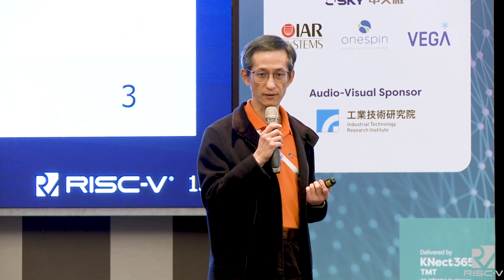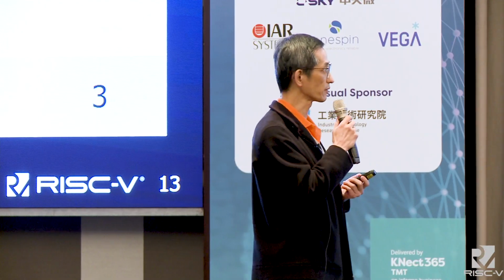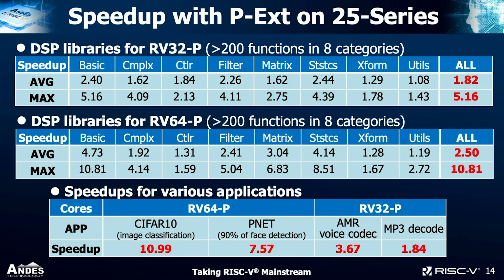So how do those instructions help your application? For DSP, we developed and optimized a so-called DSP library for both RV32 and RV64. And they have over 200 functions. We categorize them into 8 different categories.